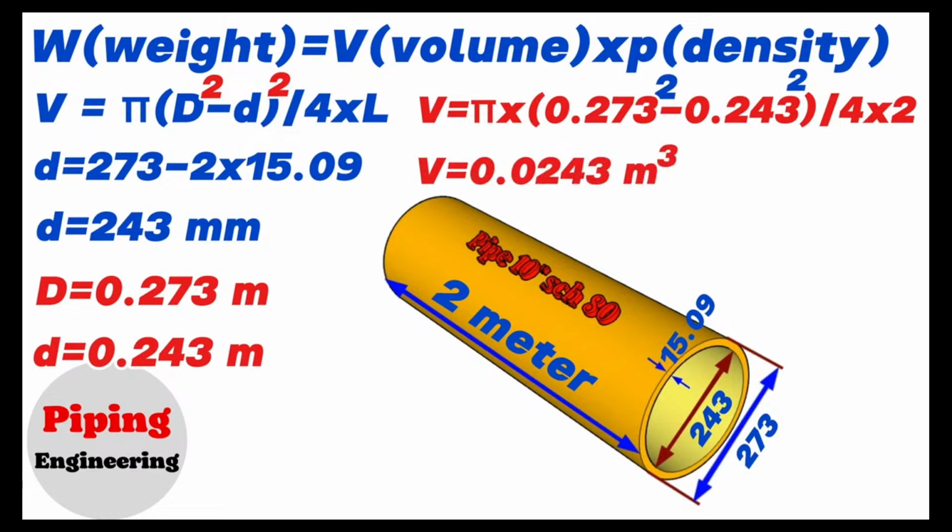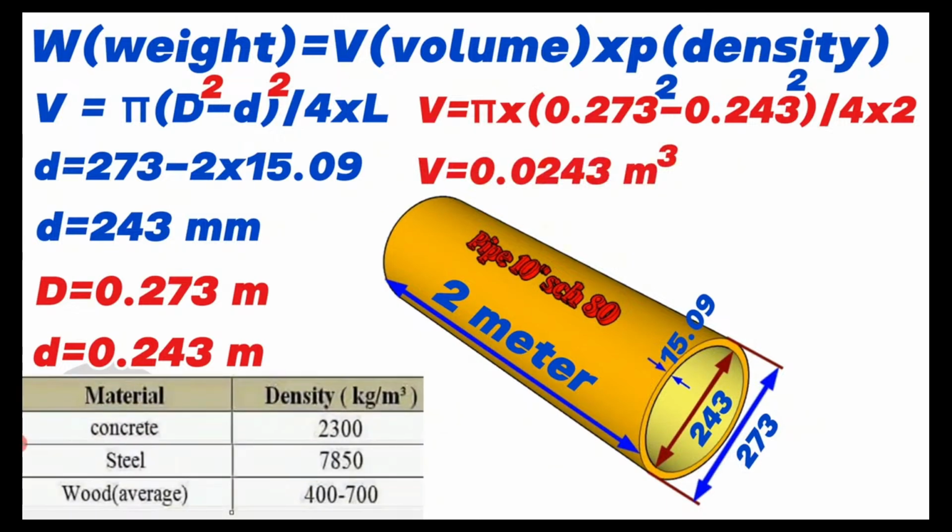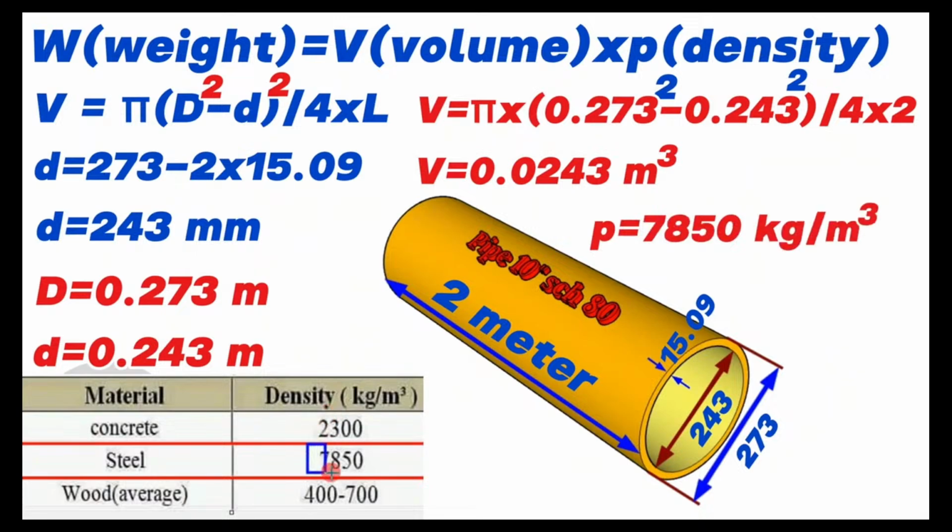Now let's look at the chart showing the density of iron material. In this chart, iron steel density 7,850 kg/cubic meter is shown. Now let's write this information we found in the weight calculation formula.